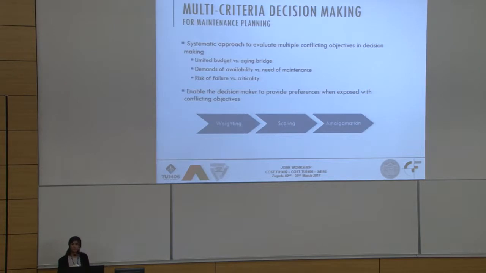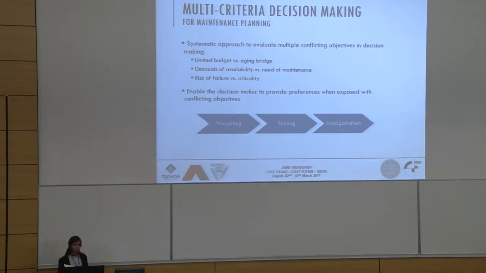So irrespective of the method of decision making, we could divide the process of multi-criteria decision making into 3 steps. First we do the weighting. By weighting I mean how we could actually quantify the performance goals. If I say minimize the maintenance cost or minimize the environmental impact, then how am I going to measure this? For this purpose we need to do the weighting.